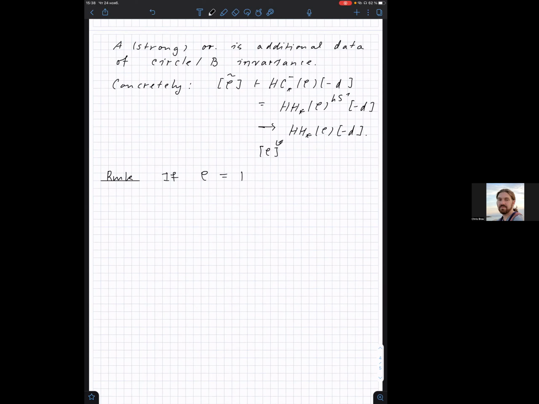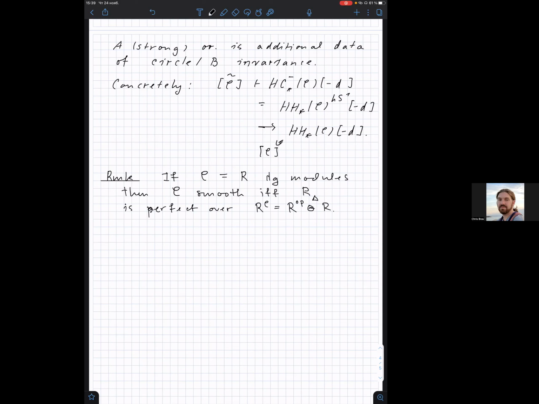So if the category C is R-DG modules for some DG algebra R, then C is smooth if and only if the diagonal bimodule is perfect as a bimodule, so over R tensor R. So that's one way to say it.